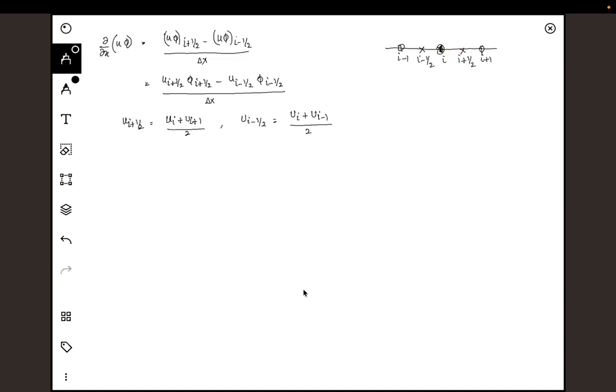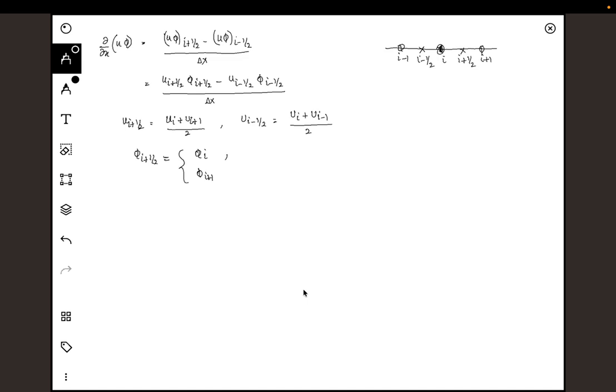But what we do in the upwind scheme for phi at I plus half is, depending on the velocity profile, I'll choose this value. So if the velocity is positive, I can take this as either phi i or phi i plus 1.